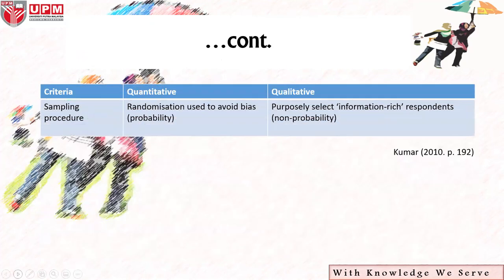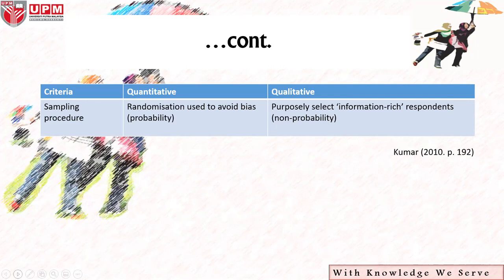Then in terms of sampling procedure, for quantitative, as much as possible, we need to apply randomization. Randomization ni apa? Apa dalam bahasa Melayu, saya terlupa term dia. Rawak. Betul. Seboleh-bolehnya kita nak make sure we select our sample based on randomization, random secara rawak. But what does it mean by random? InsyaAllah kita tengok sekali lagi. Okay, but why random?